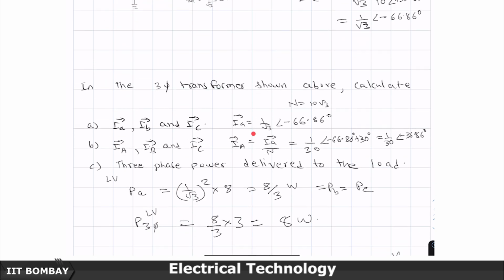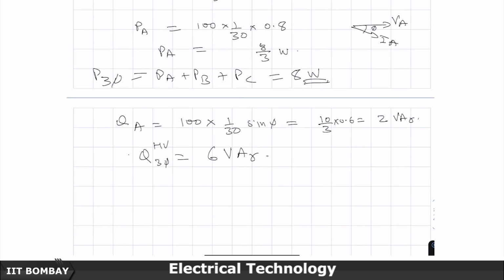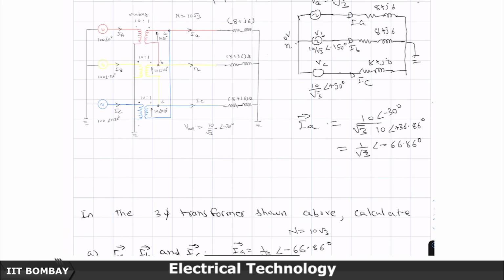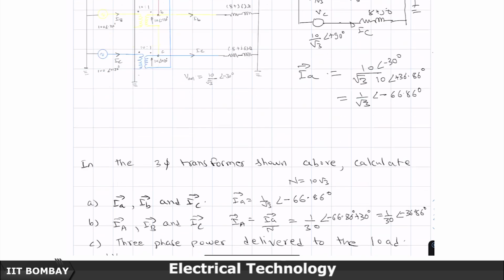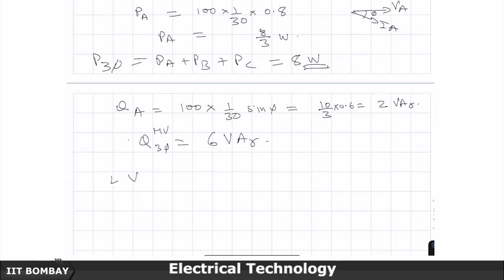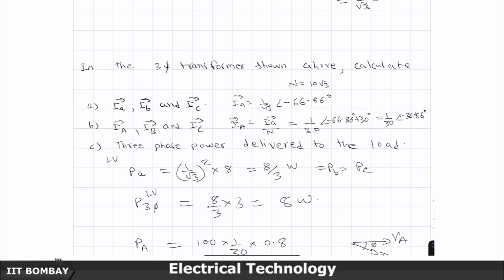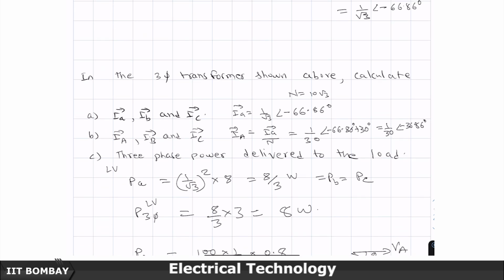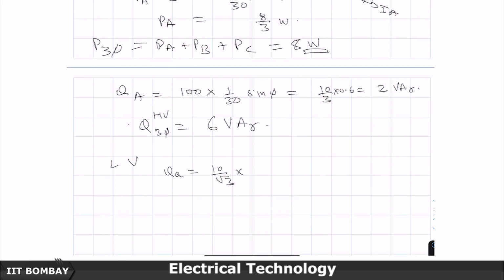So what is my IA? If I go on the LV side, how much has the voltage become? The VA has become 10 by root 3. So small QA is, VA is 10 by root 3. The current value is 1 by root 3, and the power factor is the same.